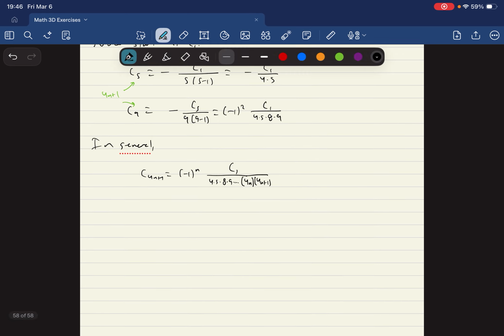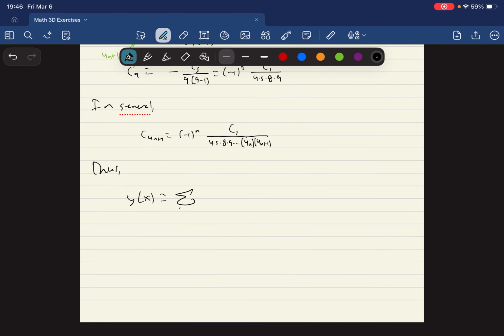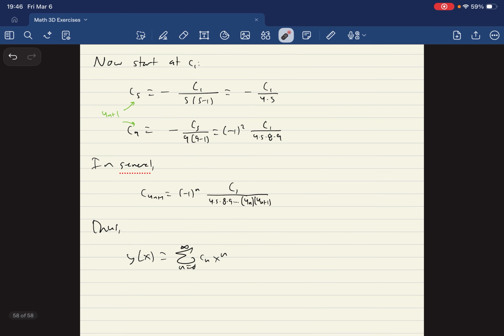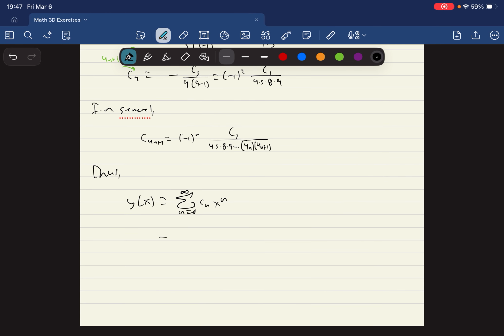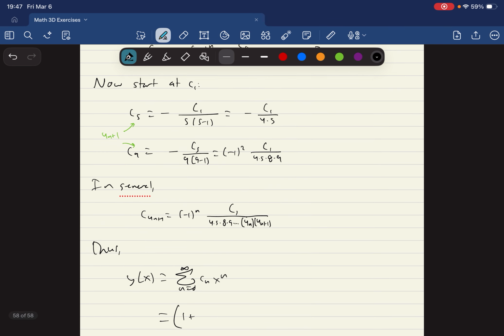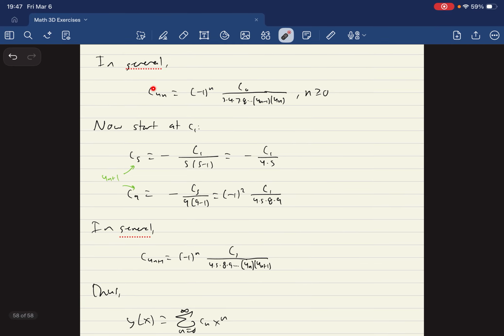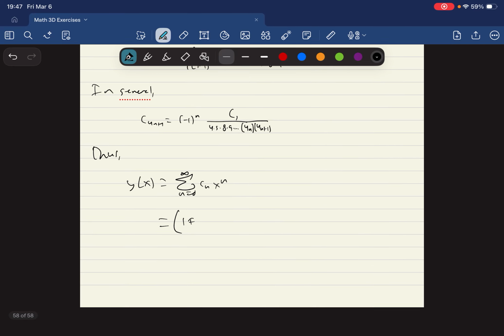And so, going back to our series, now that we know all the possible coefficients, this is our series, but only the coefficients of this form and this form survive, and all the others vanish. So our final solution is going to be, well, now we're just going to plug in these coefficients for these powers of x.